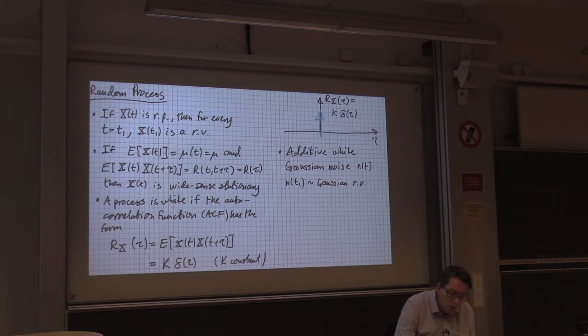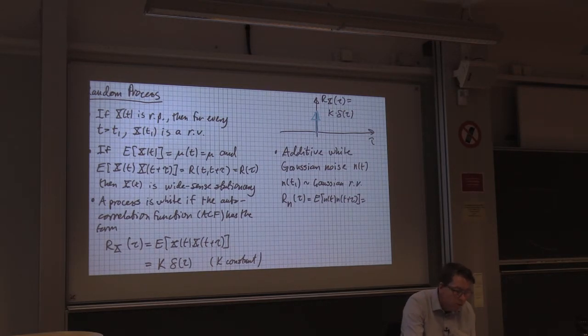And it means also that the autocorrelation function for the noise signal, capital R of n as a function of tau, which by definition is the expected value of n of t multiplied with n of t plus tau, is n0 over 2 times the delta function of tau.